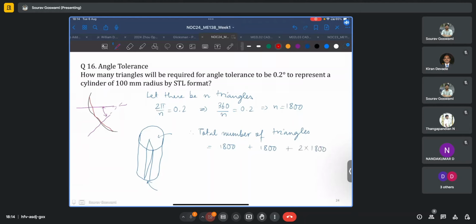I'll also write that here. This is for the top face, this is for the bottom face, this is for the lateral surface. And I'm getting 7200 triangles. That is the solution for this question.